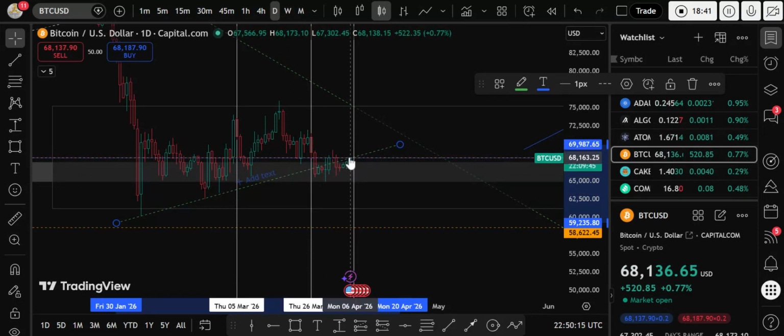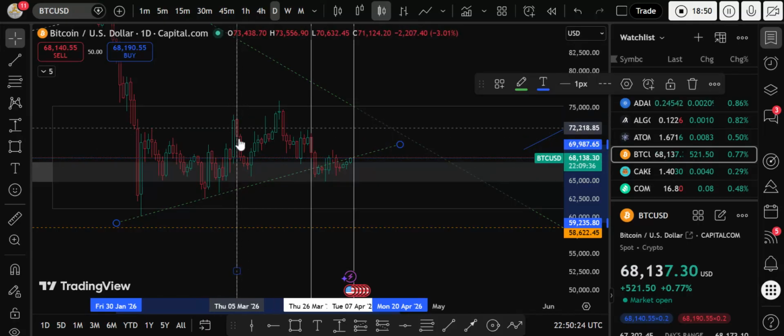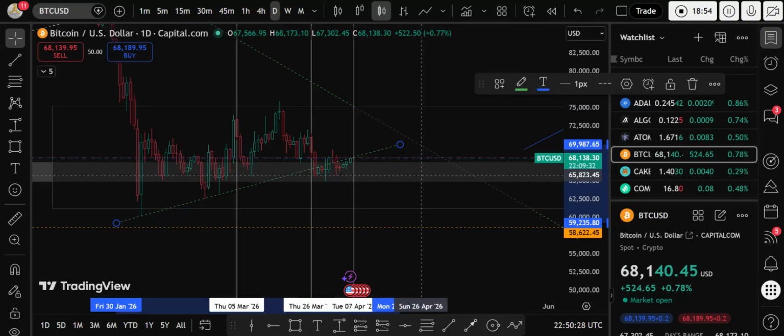This is a range market or consolidation. But we have some serious people who can trade consolidation. Good for them. Trust me, very good for them. I really appreciate people who are like that.